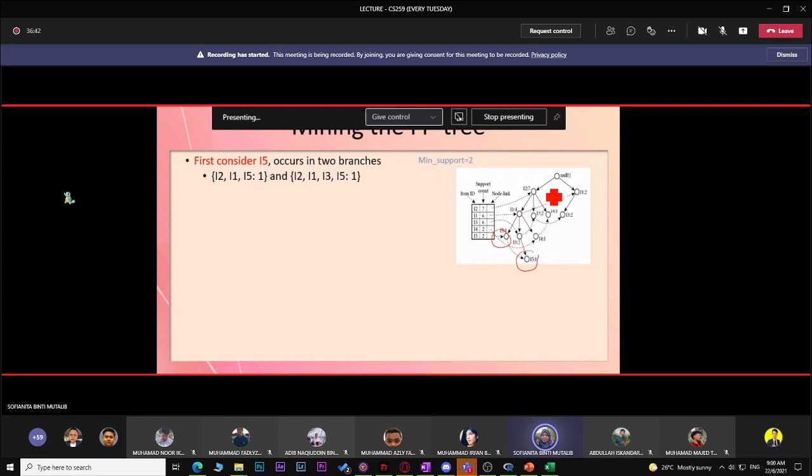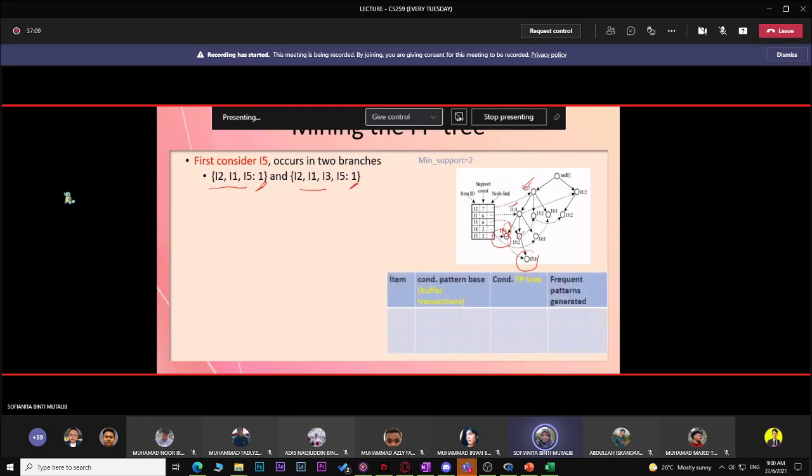Prefix of I5 or conditions of I5 are with I2 and I1. Okay, and another branch will be I2, I1, and I3. Will you follow? Okay, and then you bring the count of the branches. So here occurs one time, and this one occurs one time.